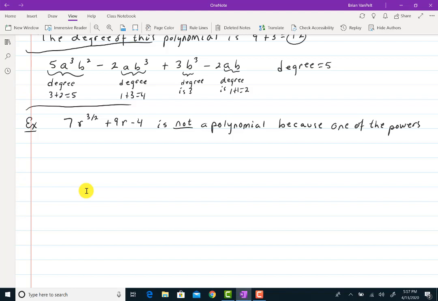Now, if something like this, though, 7r to the 3rd plus 9r minus 4, well, that's easy. That has degree 3.